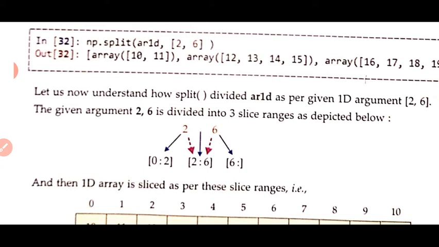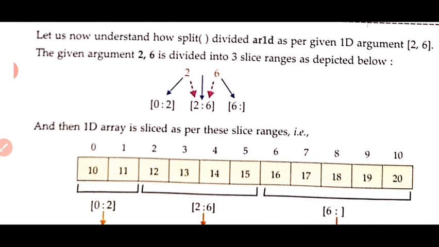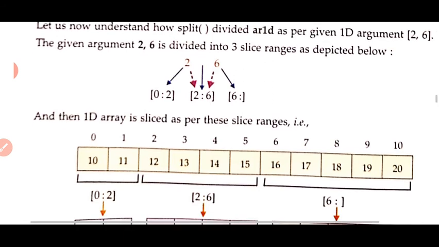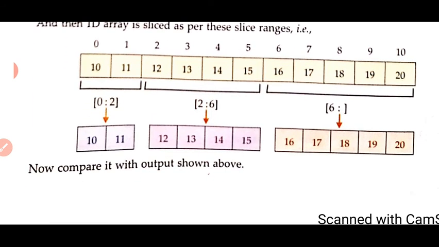The second subset, 2 to 6 minus 1, means 2 to 5, so index values 2 to 5 are 12 to 15. That is our second subset. The third one is 6 to end; in the case of end there is no minus concept. So 6 to last is 16 to 19. These are our three subsets: 10 to 11, 12 to 15, and 16 to last.